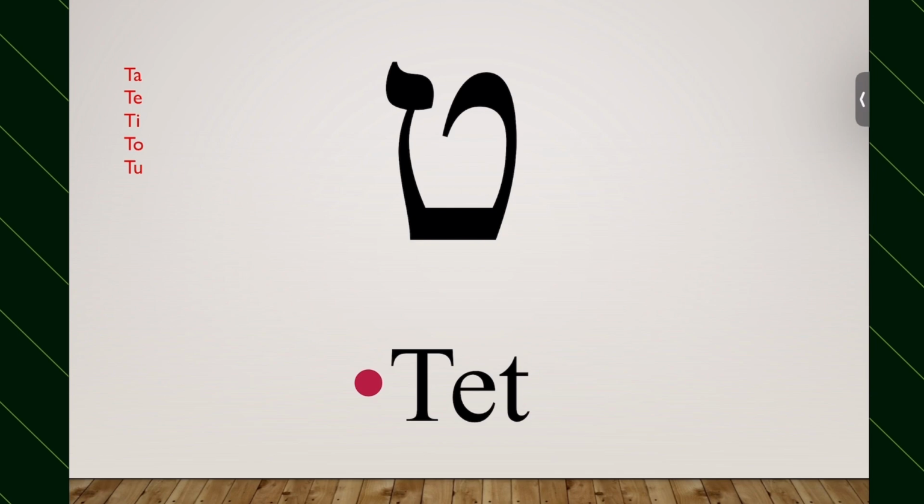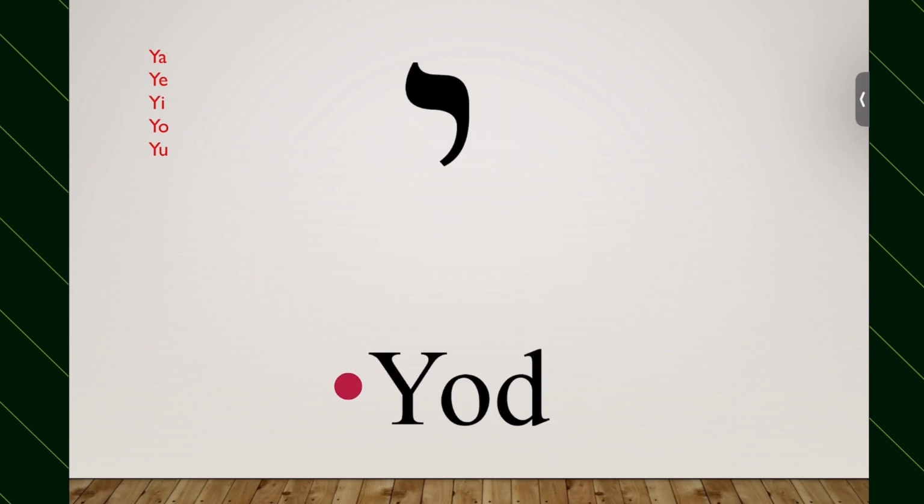Tet will have sounds ta, te, ti, to, tu. By now you should realize that the sounds are very similar to how the letter sounds. Okay, now we have yod, which has sounds ya, ye, yi, yo, yu.